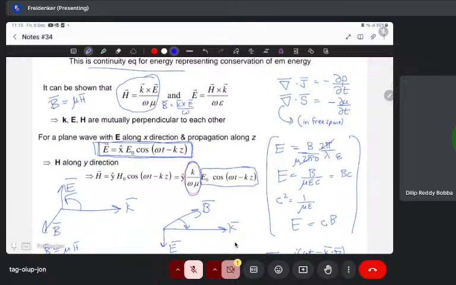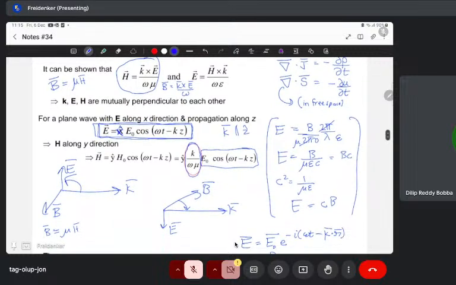If your E is along x cap and k is along z cap, k bar cross E bar will be z cap cross x cap. What is this going to be? i, j, k. So z cap cross x cap will be y cap. So that's why y cap came here.